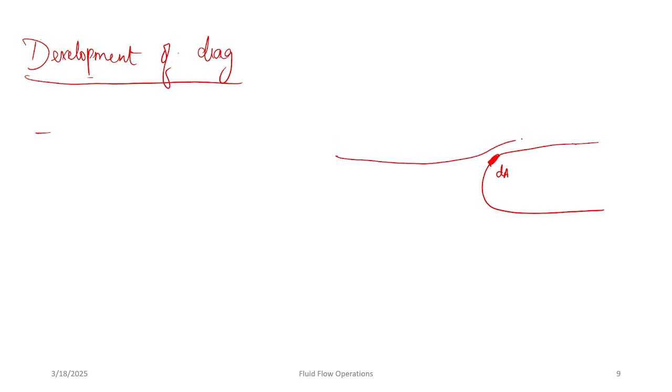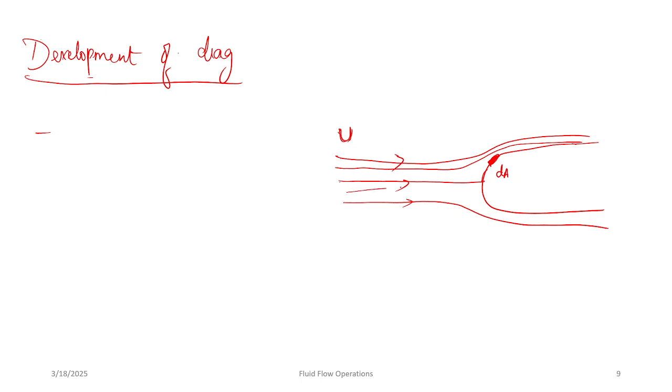First there has to be flow, so let me draw it. This is U, the uniform velocity. dA is the surface area of this small element that we are considering.